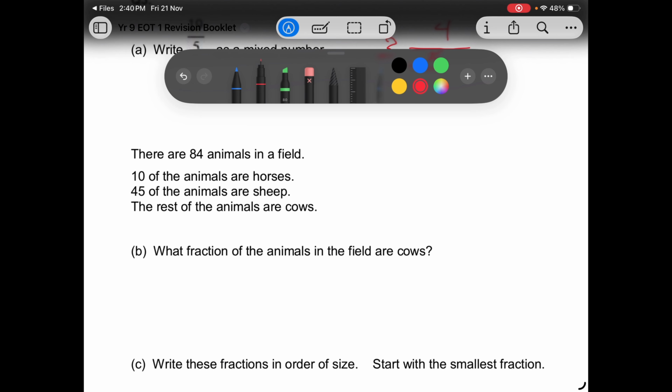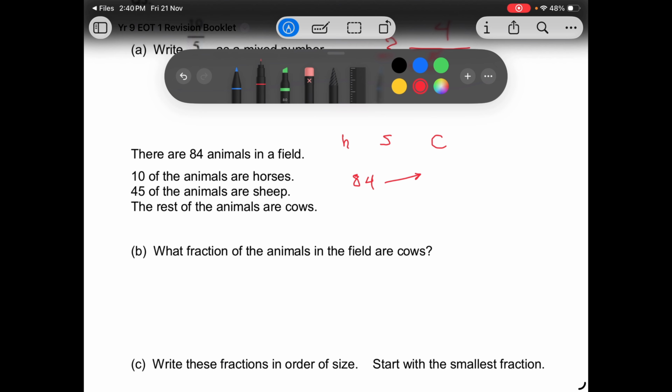Okay, so the point here, I will call horses H, and S for sheep, and C for what? For cows. So the total is 84. So I have 84 animals.